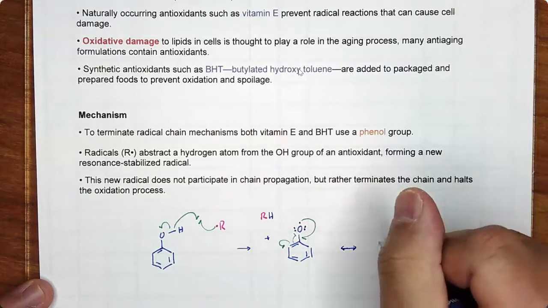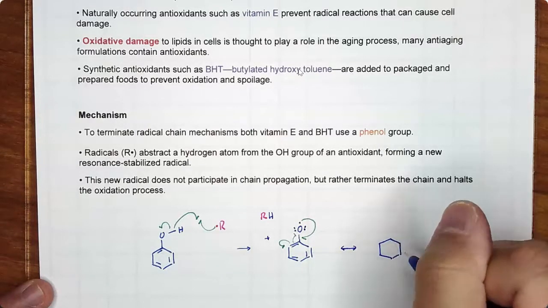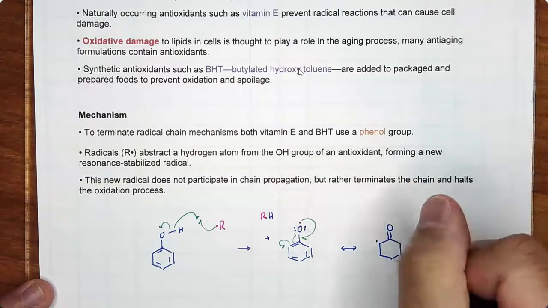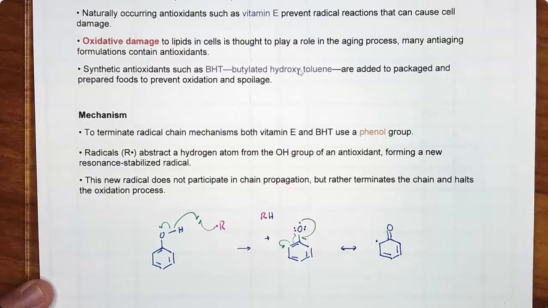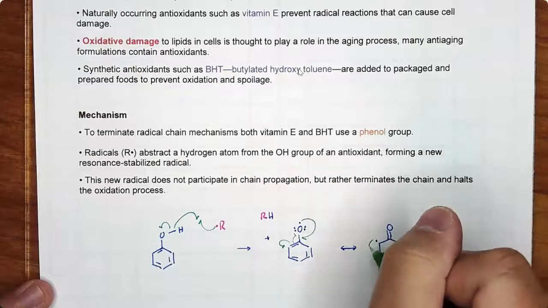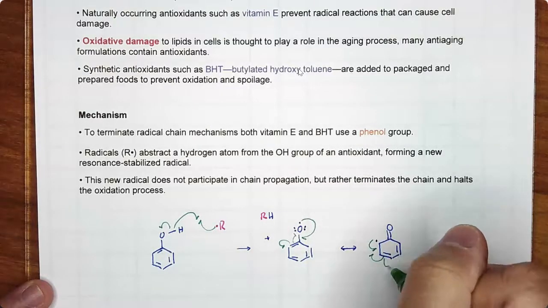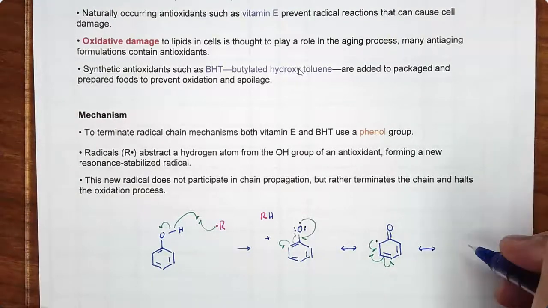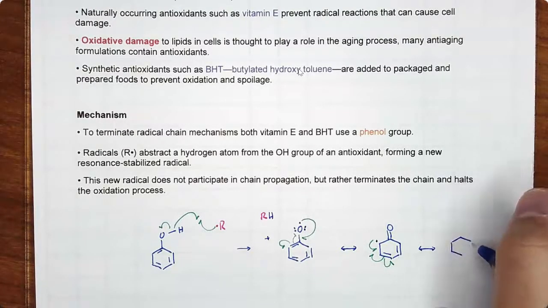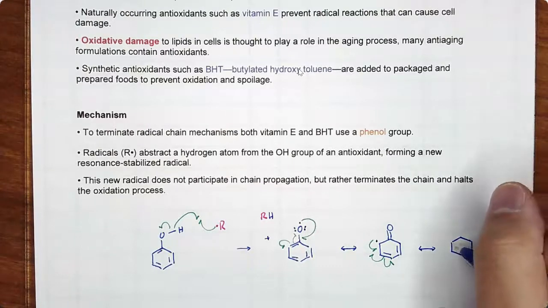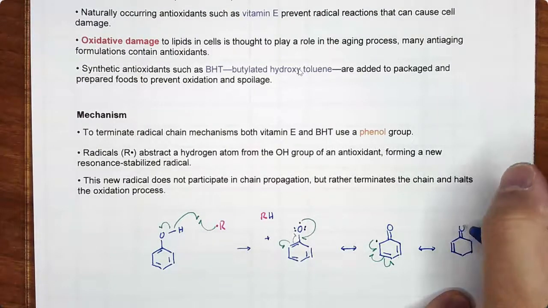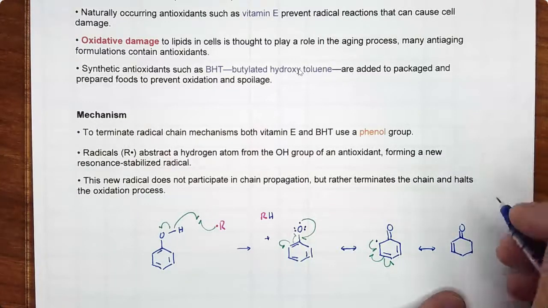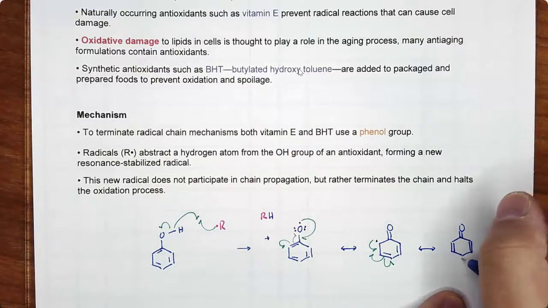And we have this. Obviously you could go around the ring. You could practice that. Effectively, this antioxidant has stopped any propagating radical processes that can occur in the body.